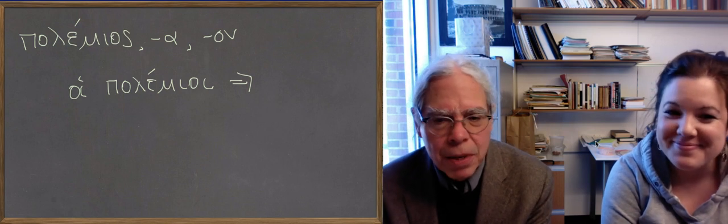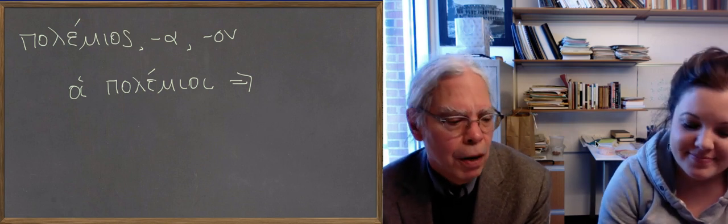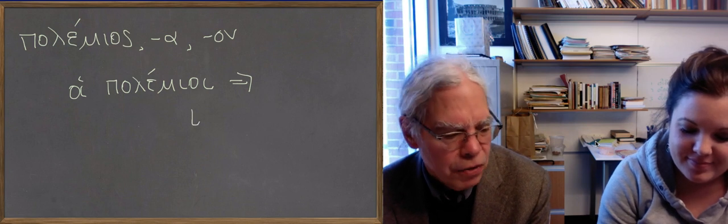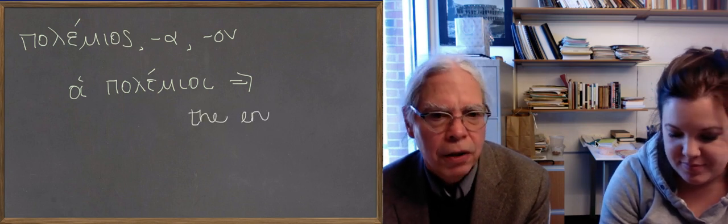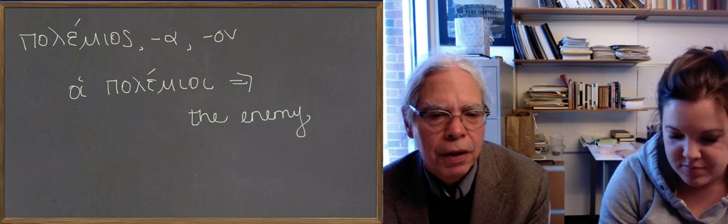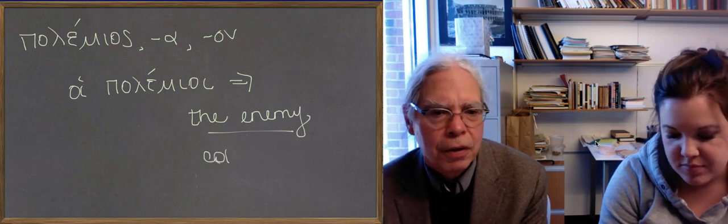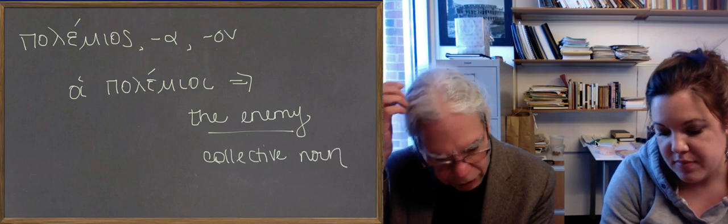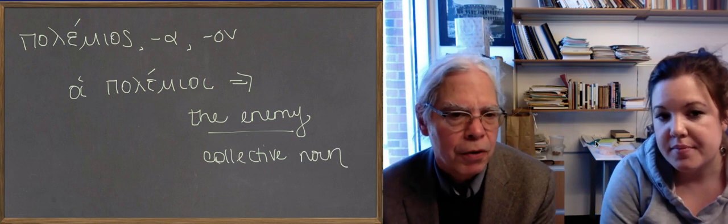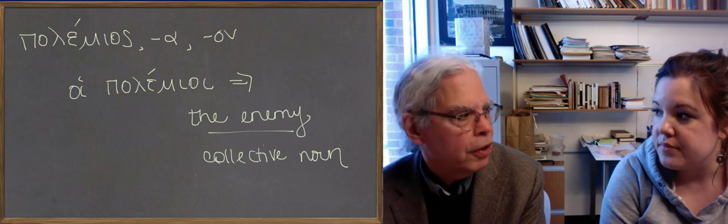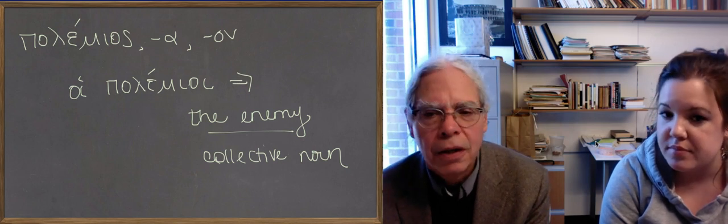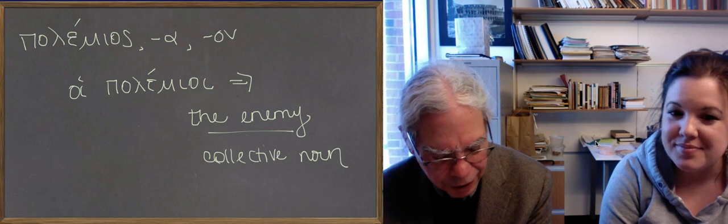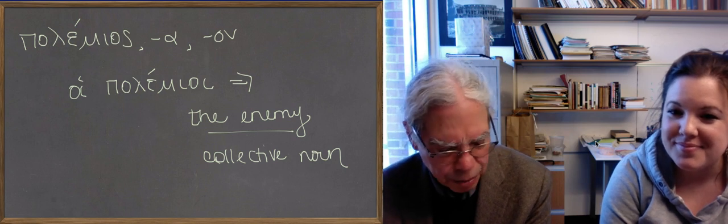What it means is the collection of people who are hostile to you, in other words the enemy in the singular. It's a collective noun like the noun people in English. It's not that it grammatically governs a singular verb, but it does mean a single collection of many enemies, not the hostile ones. You're going to see the book loves that expression and likes to catch you up on it.